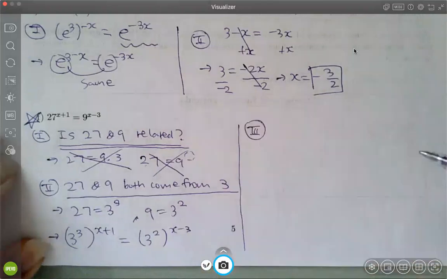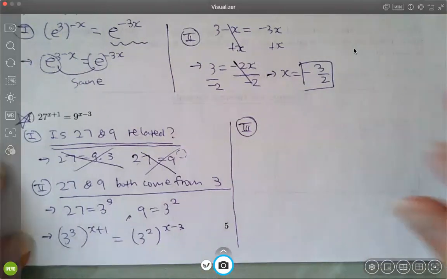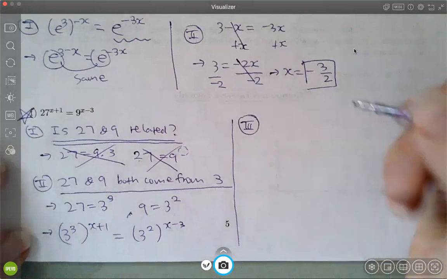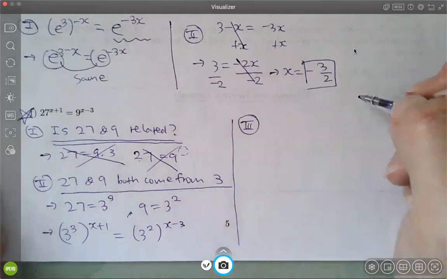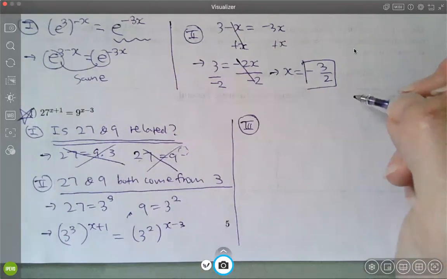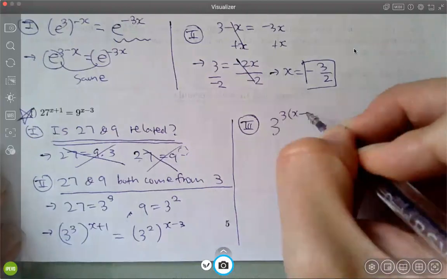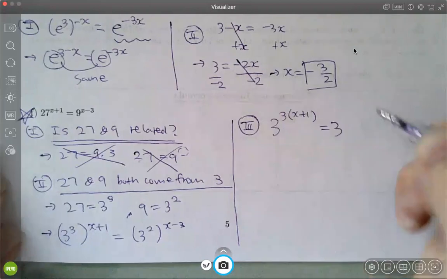What does that mean? Multiply the exponents. Right, and same thing on the right-hand side as well, right? So 3 to the 3 times x plus 1 is equal to 3 to the power 2 times x minus 3.